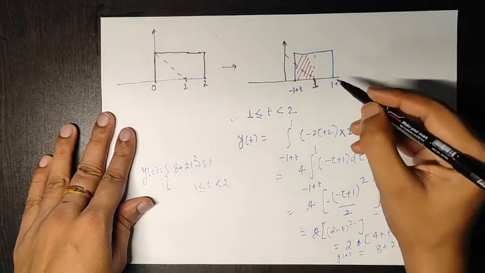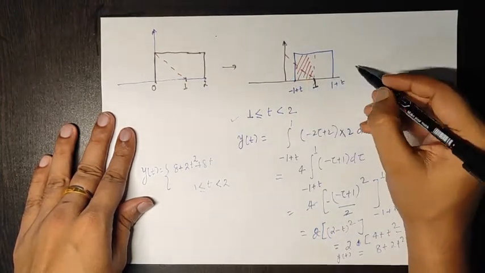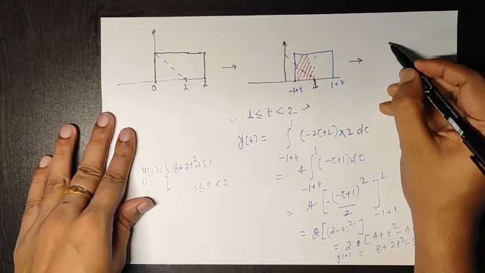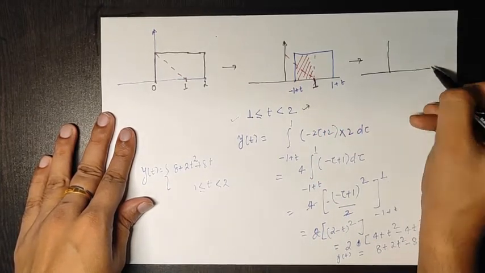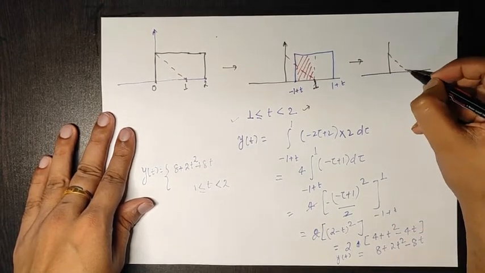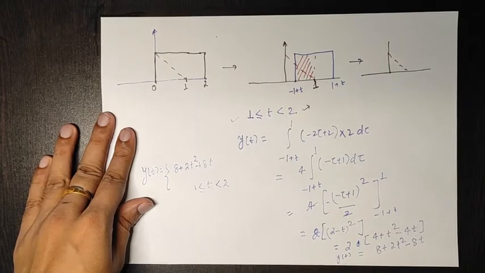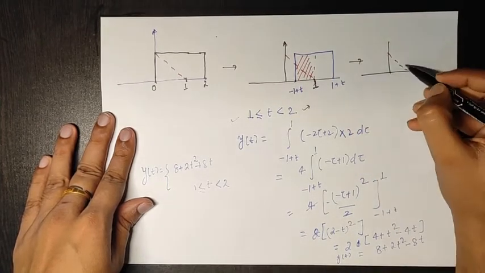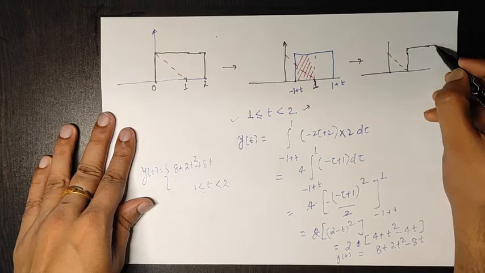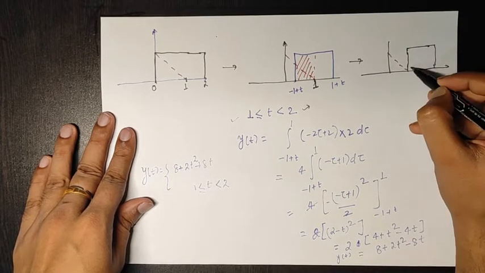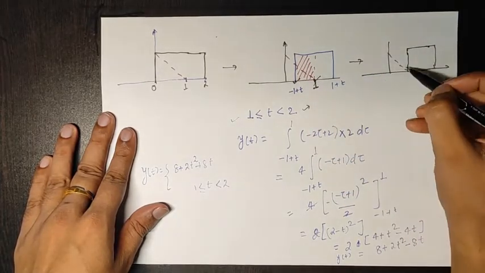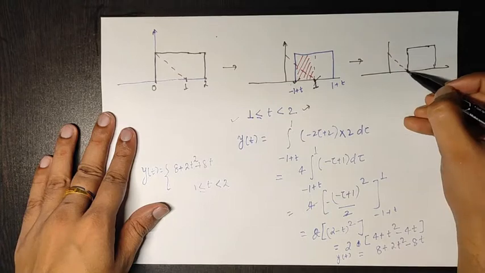Now see, the maximum that you can shift here is by 2 units. So if you shift the maximum, so this is x of tau, then maximum this can be shifted up to here. Now from here, bring this point to this point. Now this point has reached this point.